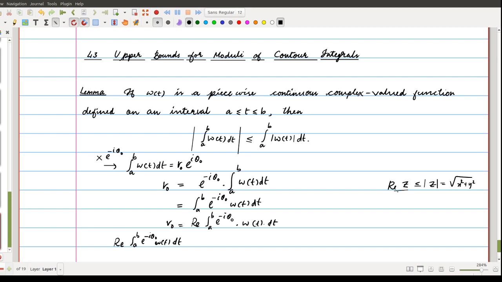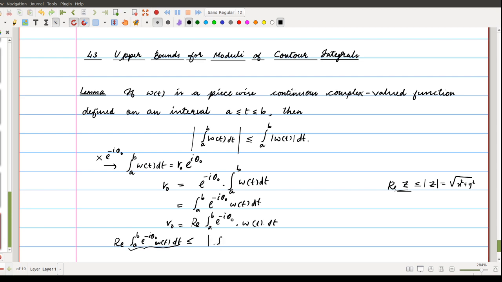So the real part is always less than or equal to the modulus of this complex number. Now we write this as the modulus of the integral.